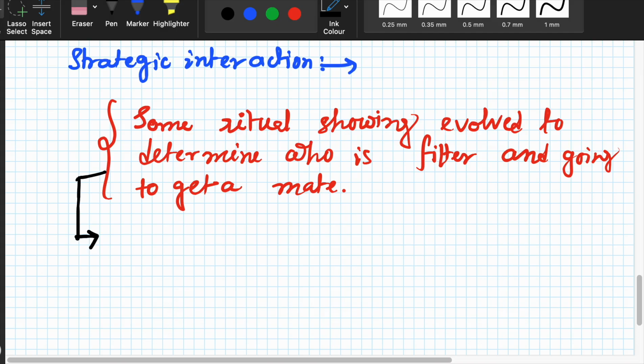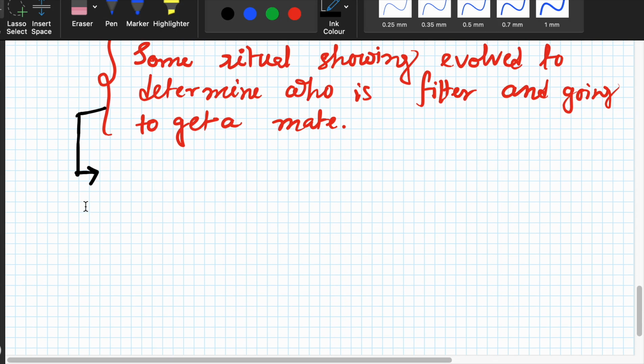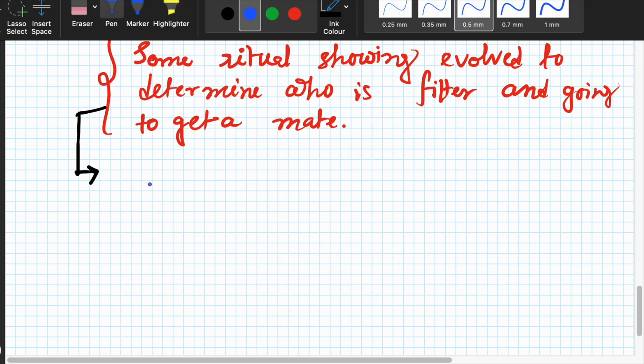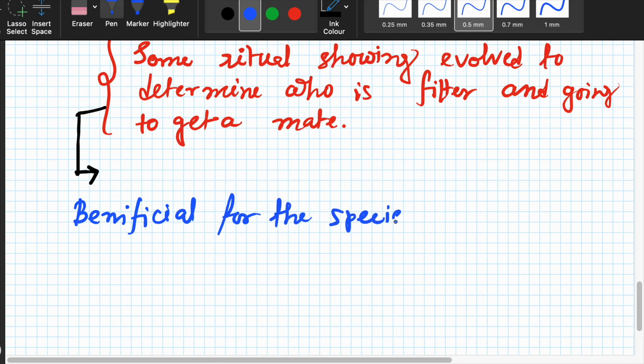Now in the initial phase, it was thought that it may be beneficial for the species. So now we are going to the layer of evolution.